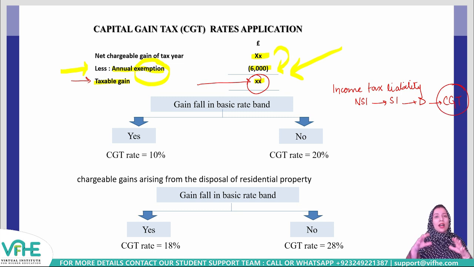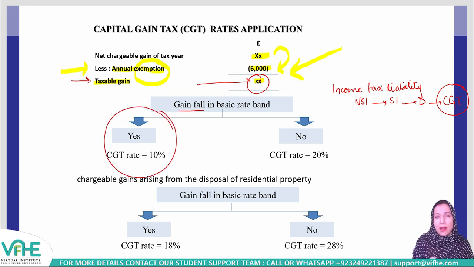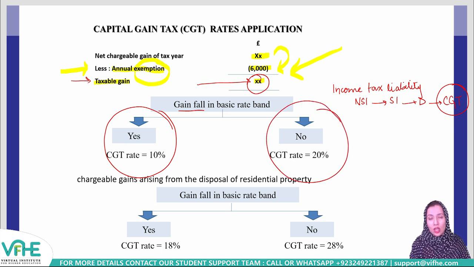So when the income tax liability is computed, we would assess whether something is left in the basic rate band. If yes, then on the gains which are going to fall in the basic rate band, a CGT rate of 10% would apply. But if the gains are not going to be covered in the basic rate band, then whether they fall in the higher band or additional band, CGT at the rate of 20% applies.